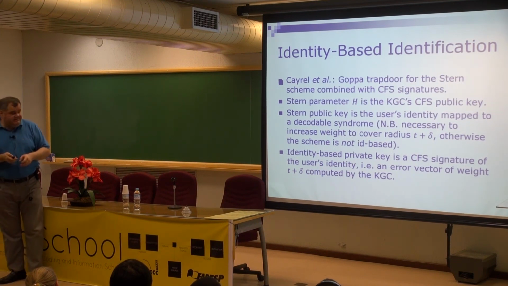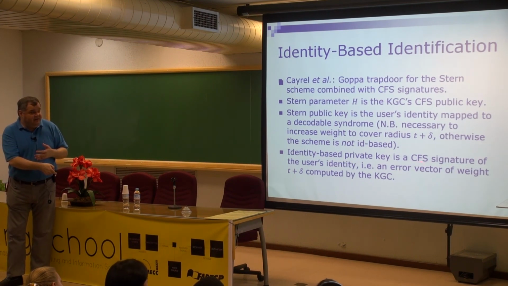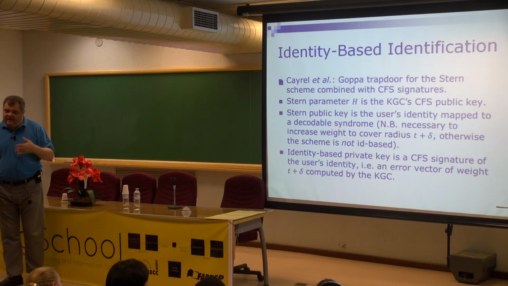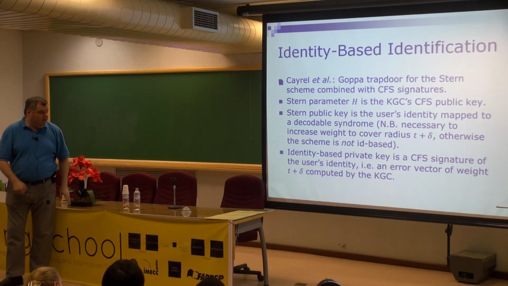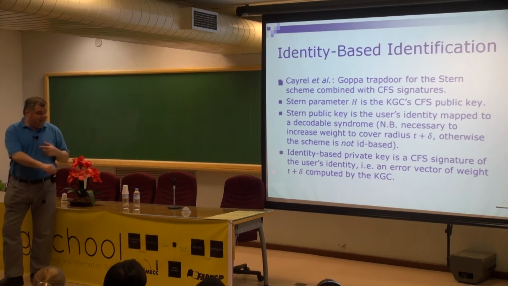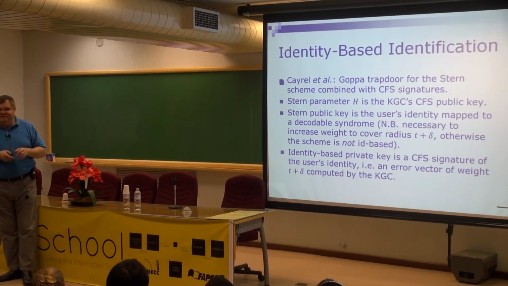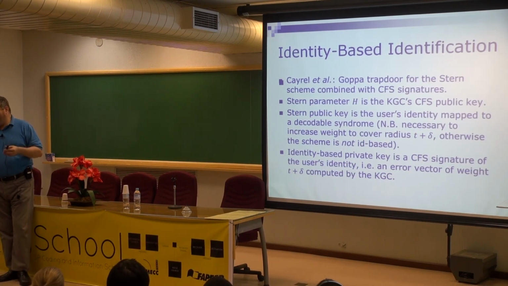However, since it involves CFS signatures, as we saw, keys get really big, 100 megabytes or so, and the times are very long, t factorial, not t plus delta factorial, only t factorial. We cannot avoid that part. So it's more of a proof of concept than a practical application.